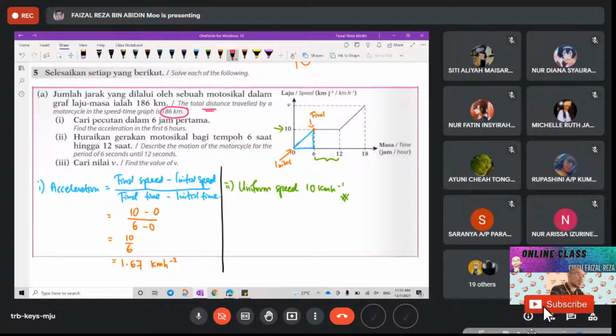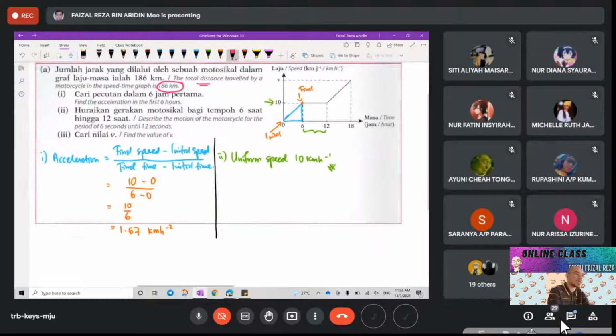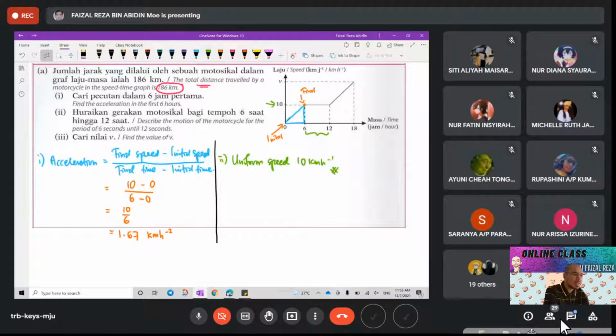I'm going to find it one by one. I think this one is a trapezium, and the second one is also a trapezium.